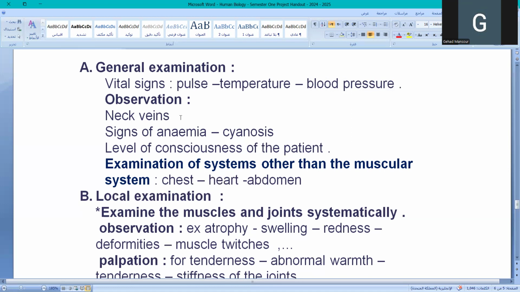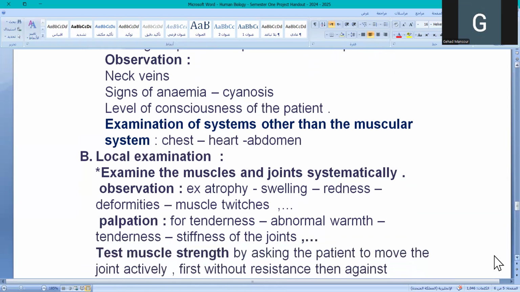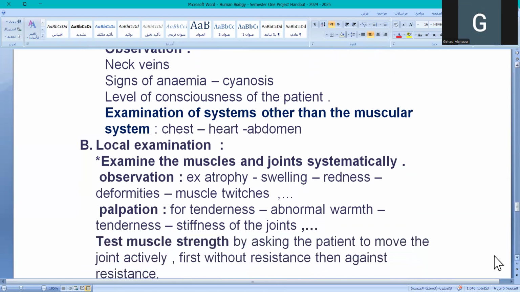And this might be due to a congenital anomaly that might be associated with another congenital disorder, not anomaly, sorry, related to the muscle. So you might sometimes have a correlation between the heart condition and the muscle condition.